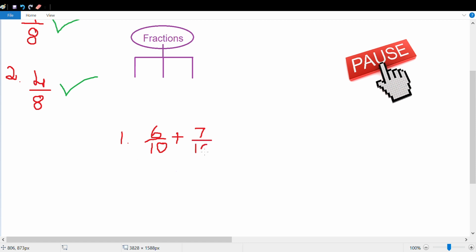But this time, when you do this homework, I would like you to write whether your answer is an improper fraction, a proper fraction, or a mixed fraction.